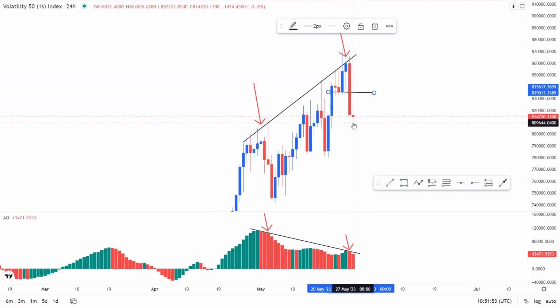And then we see price create a new lower low, breaking and closing below the previous higher low, shifting the market structure from bullish to bearish.